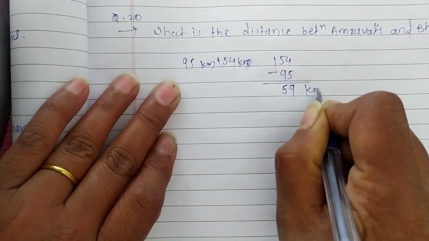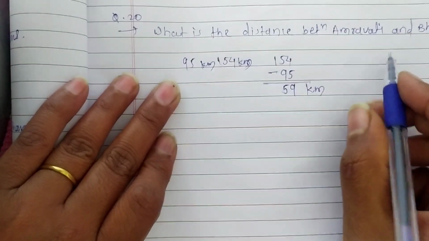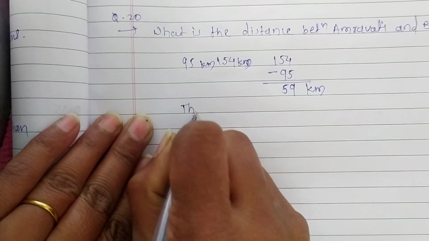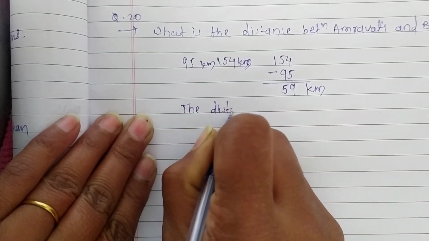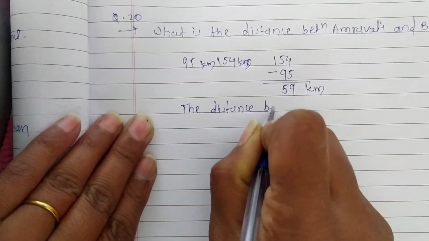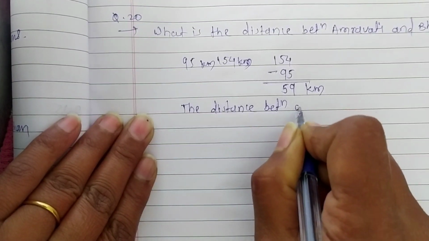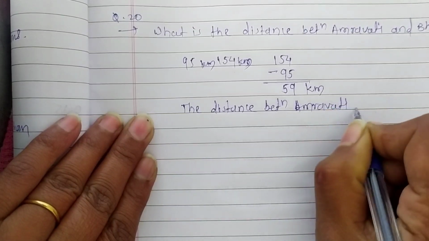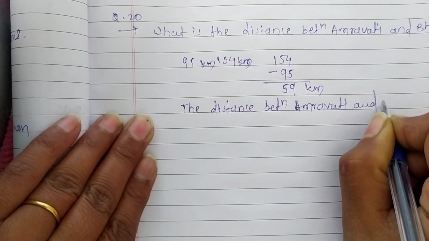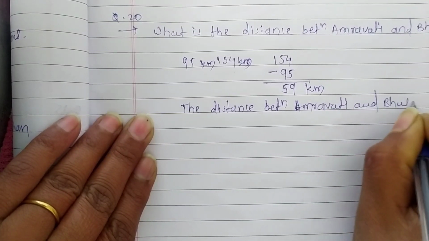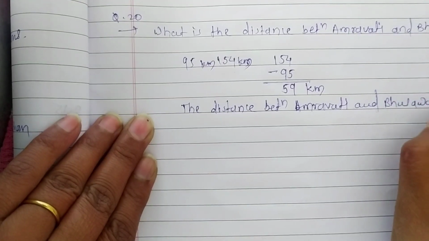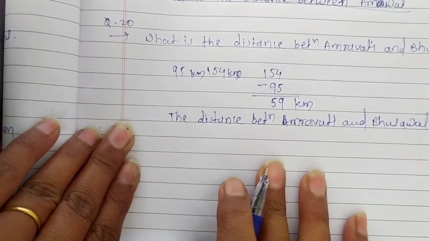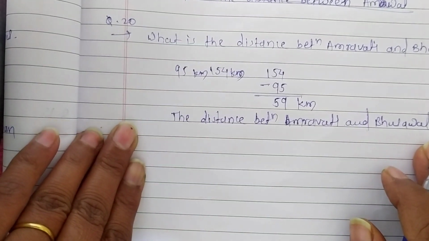So 59 km is the distance between Amravati and Bhusawal. We can write here as the distance between Amravati and Bhusawal is 59 km. You can make this type of questions from it.